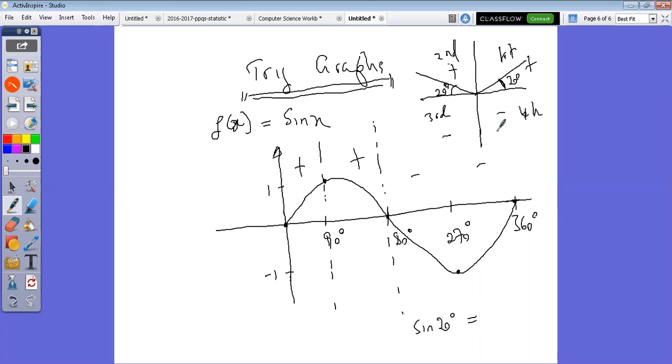Clear? Now follow me. Now you move, because you are moving anti-clockwise, you move from this to this. So what is that angle up to that? It's 160. It's 180 minus 20 degrees. I hope you are following there. So it means it's also equal to sine what? 160 degrees. Try to prove it from a calculator, you find it right now.